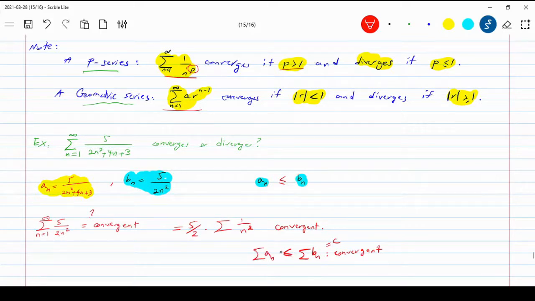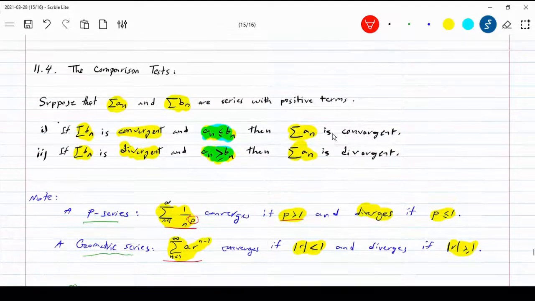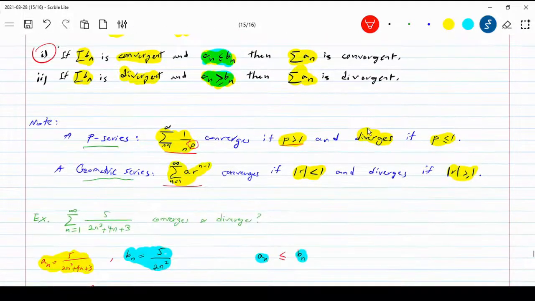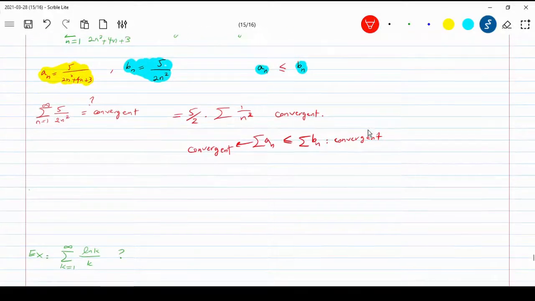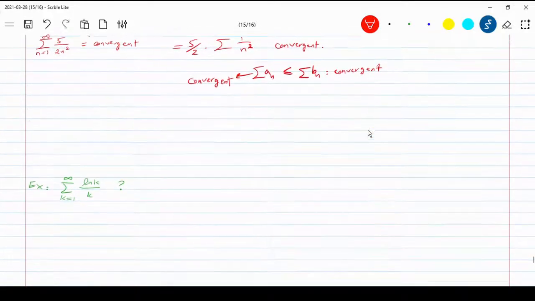Since an is less than bn, the sum of an must be less than the sum of bn, which is less than c. So that implies that this summation also must be convergent. This is by applying part 1 of the comparison test. Since the sum of bn is convergent and an is less than or equal to bn, then the sum of an also must be convergent.